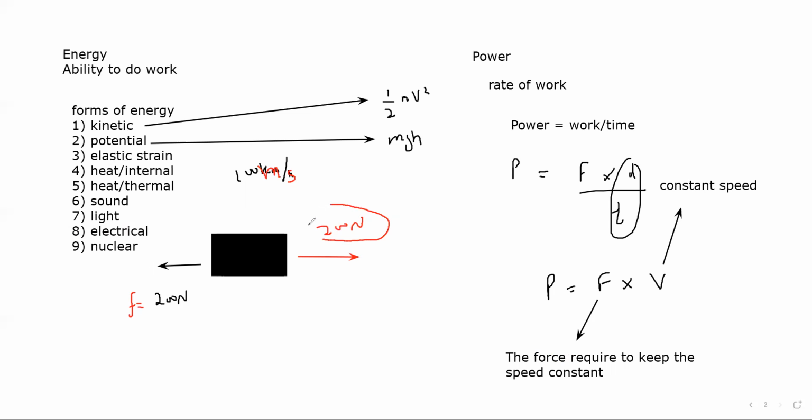So the resultant force is zero here because the speed is constant. The force which is required to maintain a constant speed multiplied by the speed of the object gives the power generated by the engine of this car or vehicle. Is it clear?